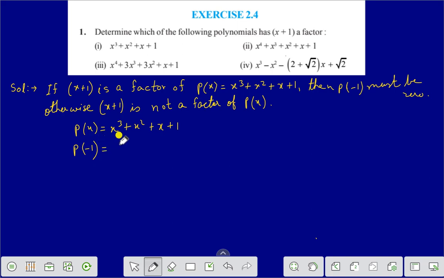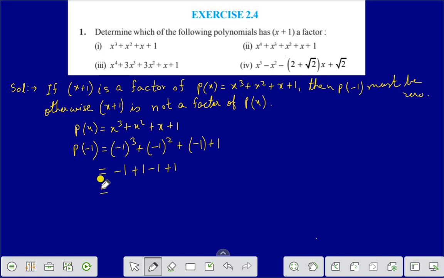Then we are getting (-1) to the power cube plus (-1) to the power square plus (-1) plus 1. Then we are getting -1 plus 1 minus 1 plus 1, right?